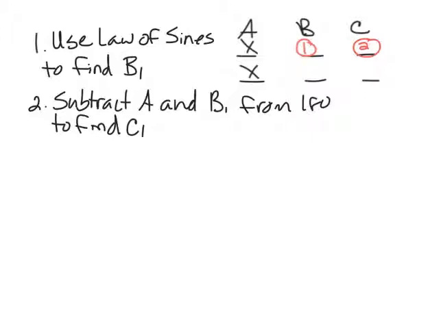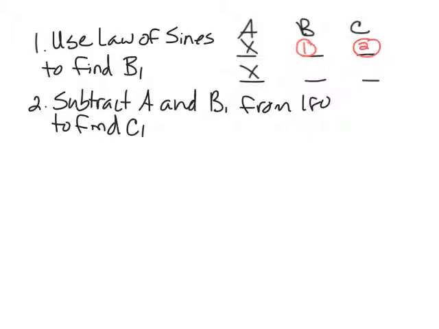It could be the case that you have no solutions, and what will happen then is you can't even get an answer for B1. So if your law of sines isn't working right off the bat, that means you have zero solutions. But if you have B1 and C1, you have at least one solution.